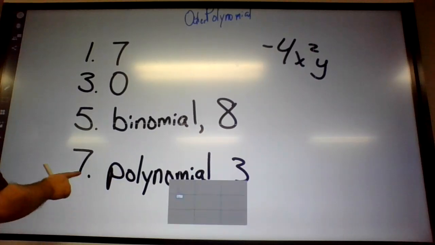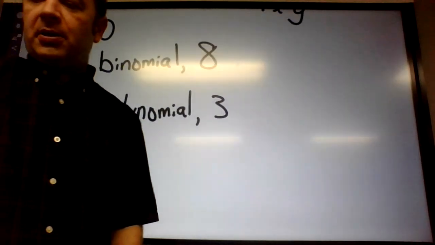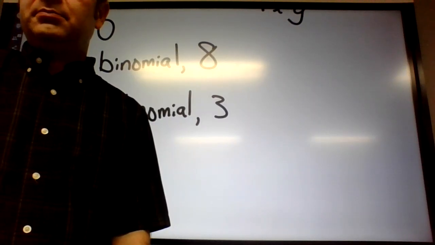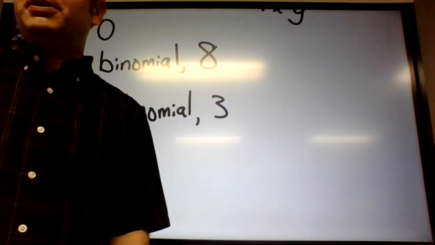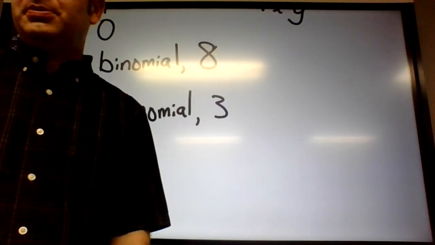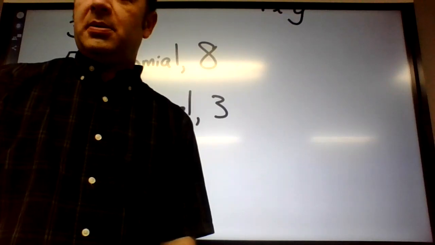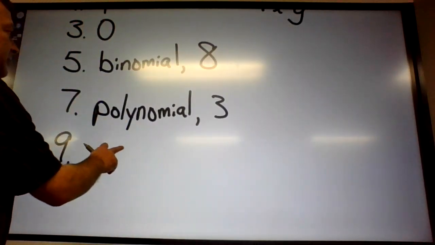For number 12, it has a negative exponent. On number 9, what kind of polynomial is that? Well, normally it would be trinomial, but you guys remember what we talked about?